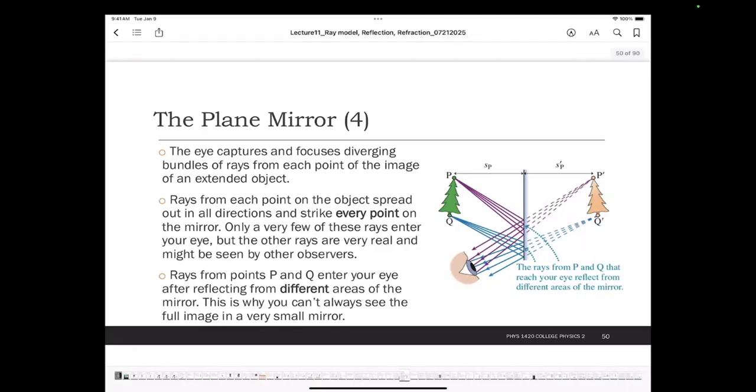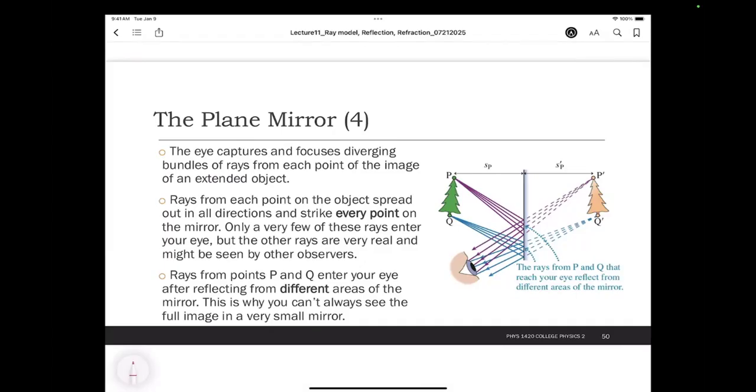Only a very few of these rays enter your eye, but the other rays are very real and might be seen by other observers. Rays from points P and Q enter your eye after reflecting from different areas of the mirror. This is why you can always see the full image in a very small mirror.